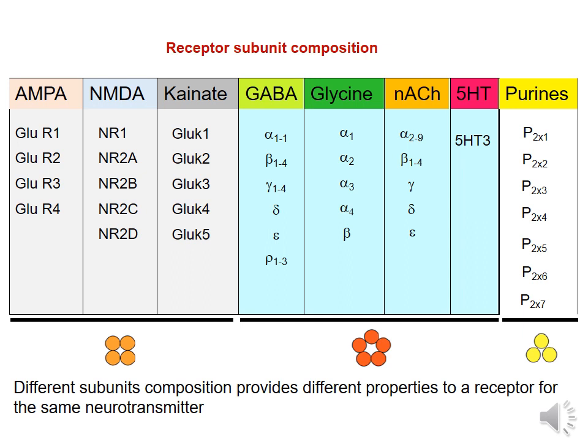So different receptors have different subunits, as we said, but there is variability within the subunits that they can occupy for each receptor. So for the glutamate receptors, as we see, they are tetrameric receptors with 4 subunits.